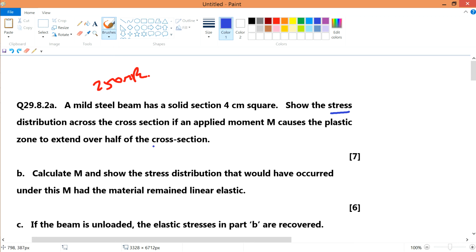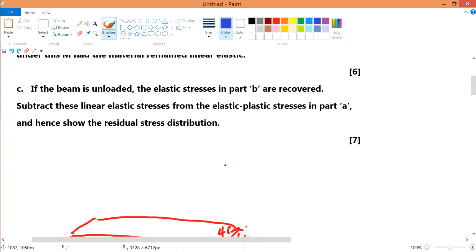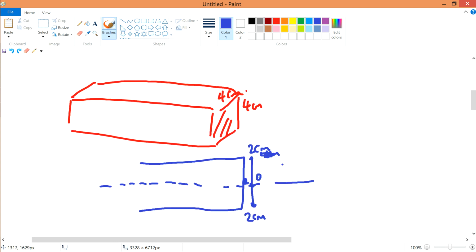So you want to see some form of a plastic zone that extends over half of the cross section. So we somewhat need one. If you were to talk about the cross section, it goes somewhat like this. Half of the cross section.